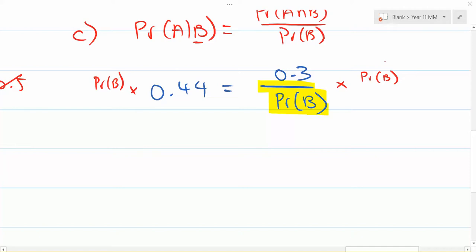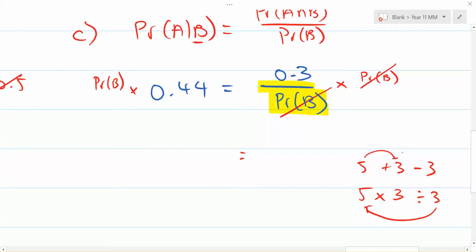Probability of B divided by probability of B is going to cancel out to be 1. It's like saying, if I got $5 and I add 3 and then I subtract 3, you end up with $5 anyway. If I got $5 and I times by 3 and then divide by 3, 5 times 3 is 15, 15 divided by 3, you end up at 5 again.